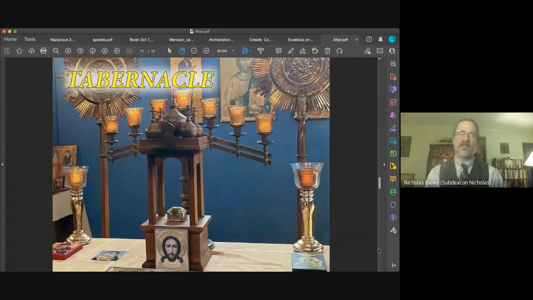In the center is what's called the tabernacle. You'll see there in the middle is a small box. That's where the priest keeps reserved sacrament to take to those that are in the hospital. Sometimes it's made out of brass or ceramic, made to look like a small church. That's the word tabernacle.